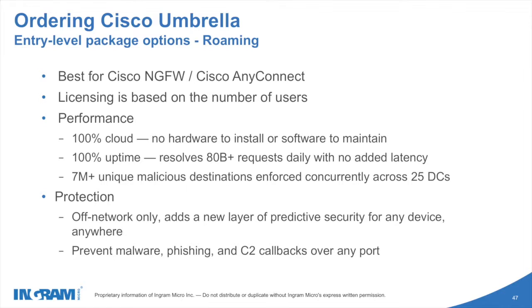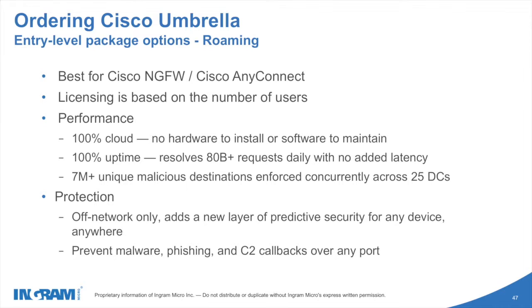Let's start with the first one, the roaming entry-level package. It's best for Cisco Next Generation Firewall or Cisco AnyConnect, and the licensing is based on the number of users. For every offering, we will go through a couple of items just to see what's covered under each one of them.